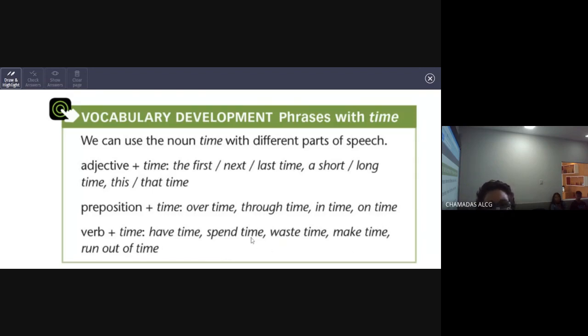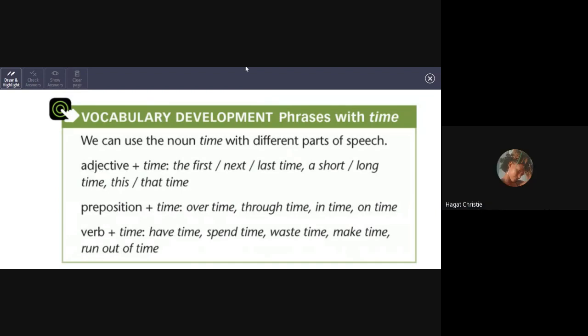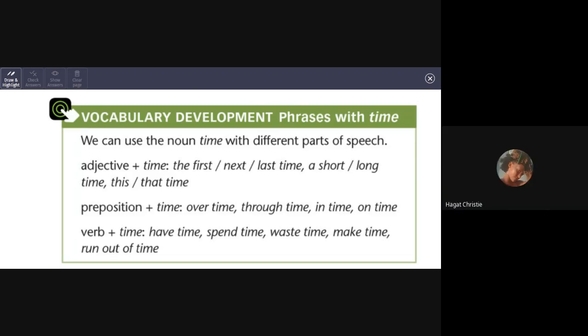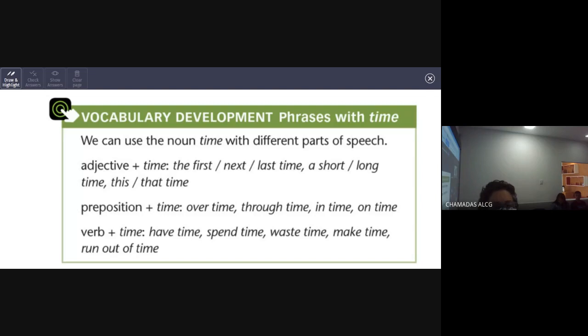All right? Yes? I don't understand waste time. Can you repeat? Which one? Waste time. Oh, waste time. Okay. So waste time is when you don't do something that is considered valuable to you or that is going to help you in any way.